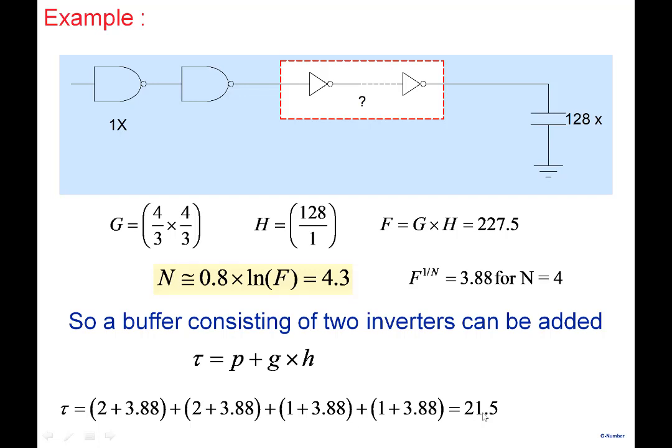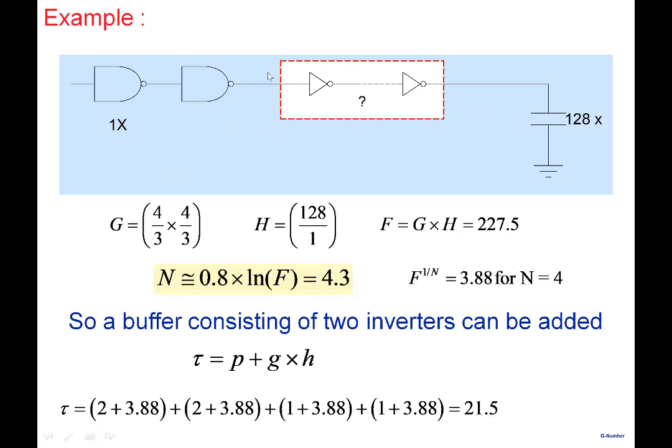Now the maths is telling us what is going on, but why has the delay come down? What is really going on? Think about the capacitance requirements in the initial part. This end is fixed, and this end is fixed. Why is this really happening? 21.5 as compared to 34.